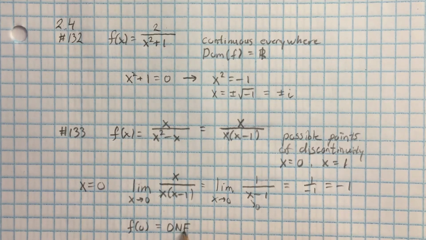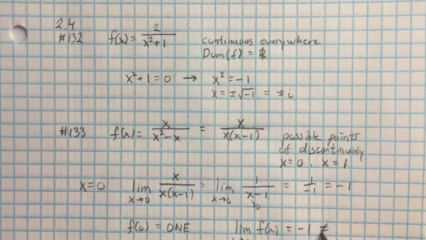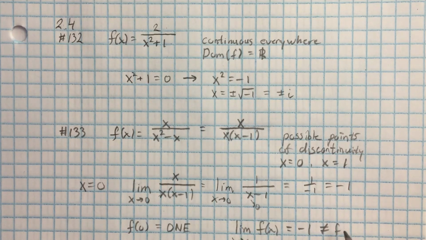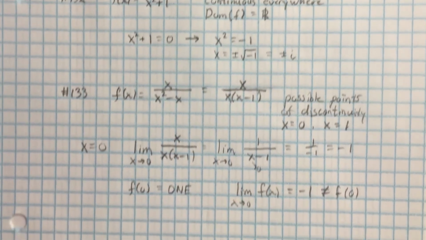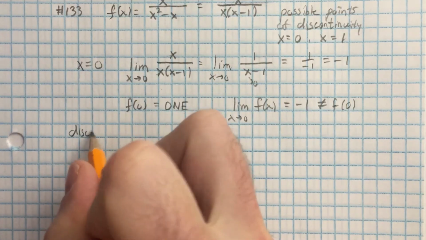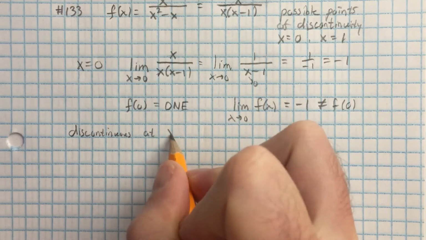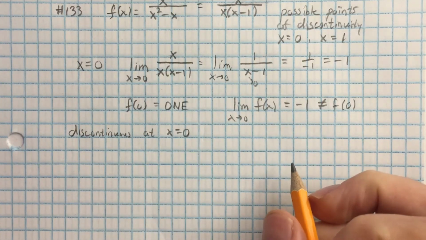So since the limit as x approaches 0 of our function equals -1, which does not equal the function value itself because it's not there, the function is discontinuous at x equals 0, as we suspected.